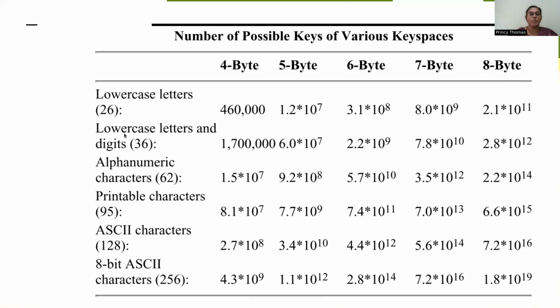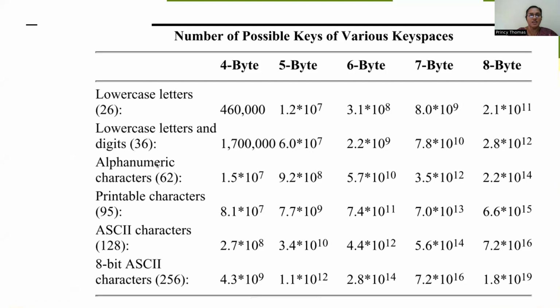Supposing the key combination is lowercase letters and digits, then look how much the difference is. Here it is 4,60,000, here it is 17 lakhs. And as the key space increases, the number of attempts for brute force also increases very much larger.